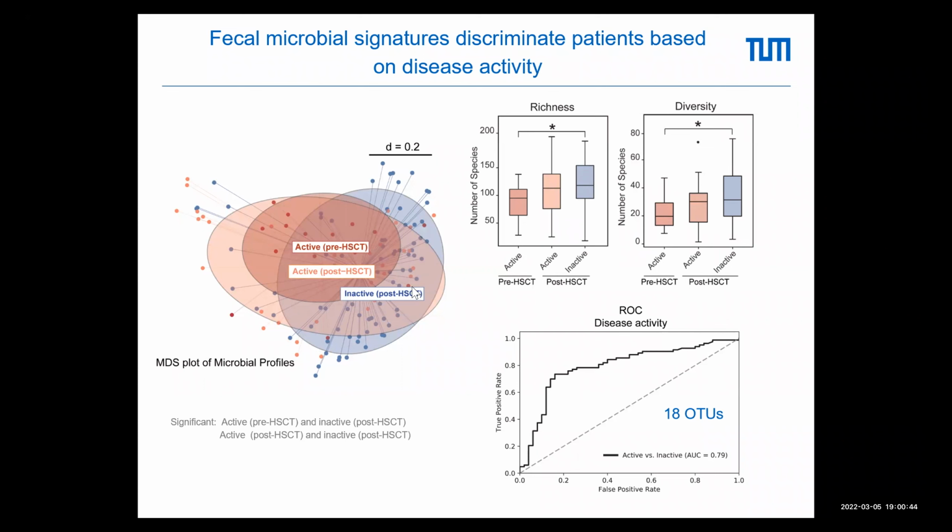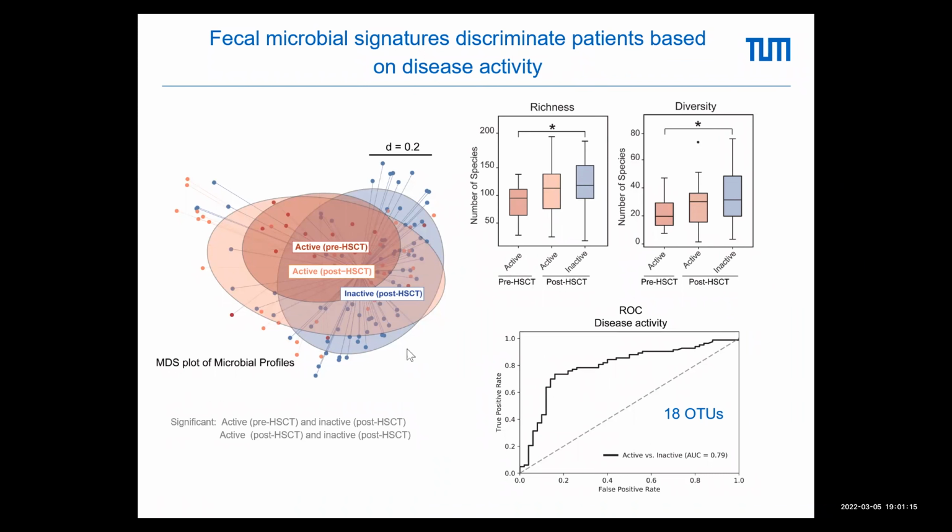And in blue, you have all patients who are in remission, so they are disease-free. And what you can see in this beta diversity analysis is that we have a significant separation in microbial profiles between the red and blue. So we can discriminate between patients in active disease or inactive disease based on gut microbiome composition.